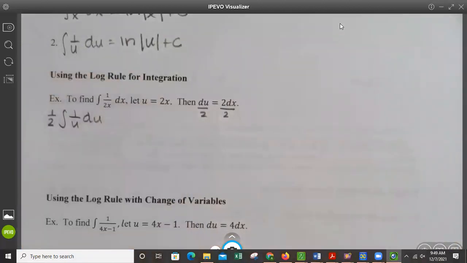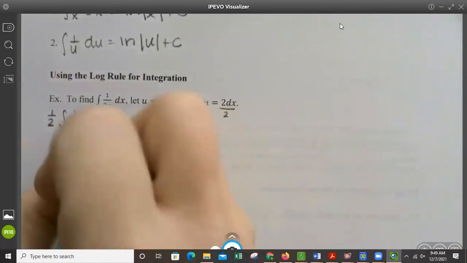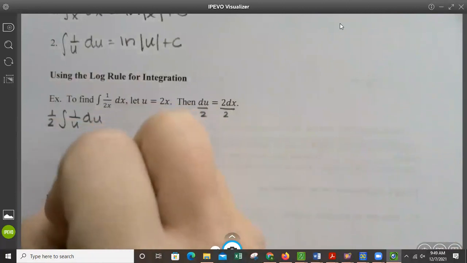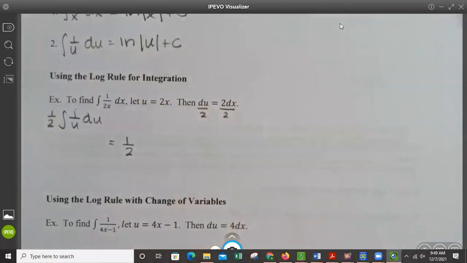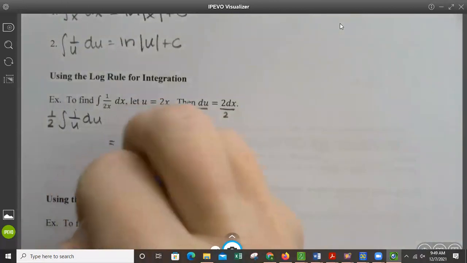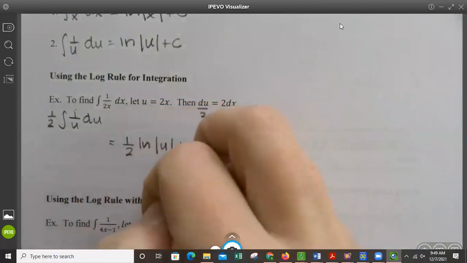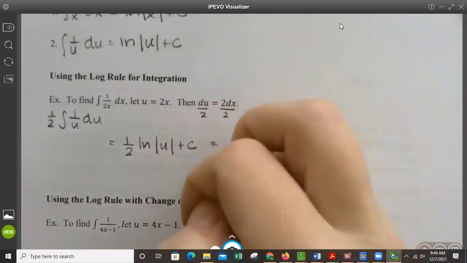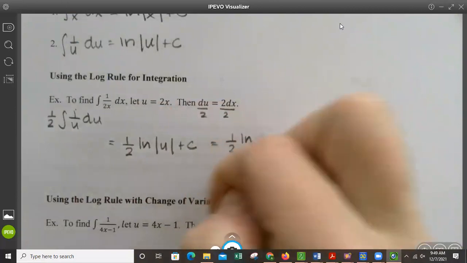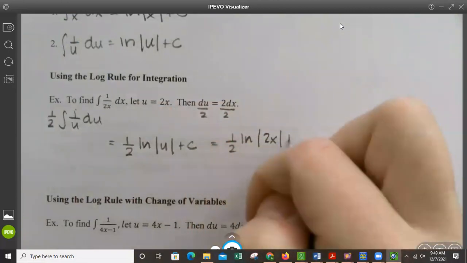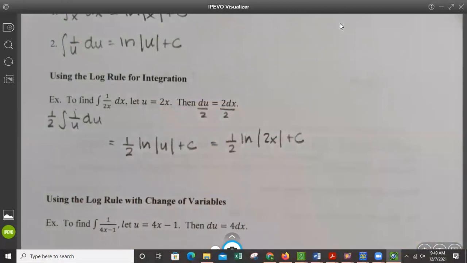So 1/2. So then we're going to have 1/2 times the integration of 1 over u, which is ln absolute value of u, plus c. What was u? So 1/2 ln absolute value of 2x plus c. I think it'll confuse you a little bit because it gave you what u was, but you already know what u is.